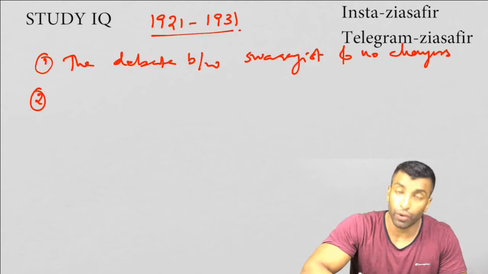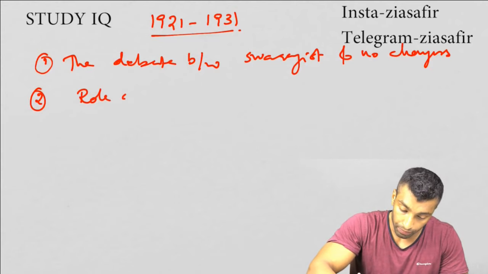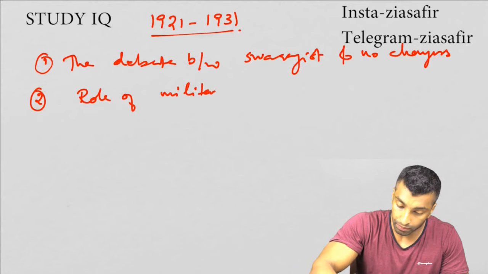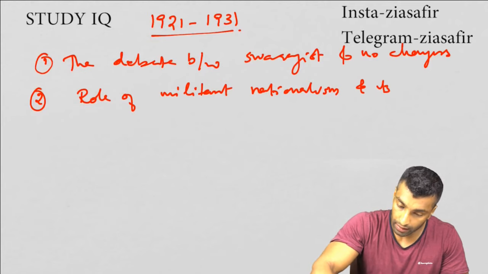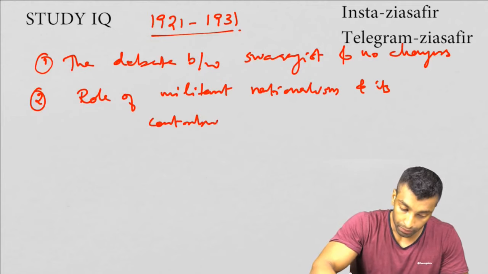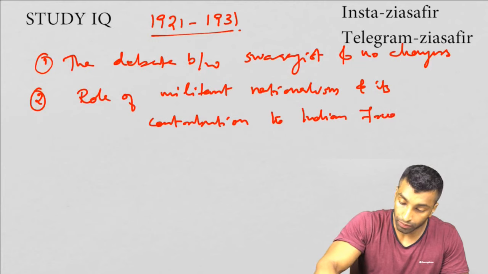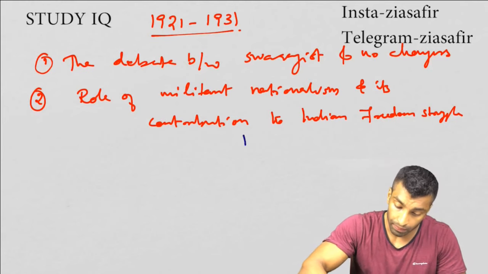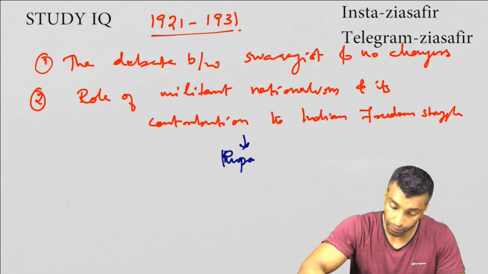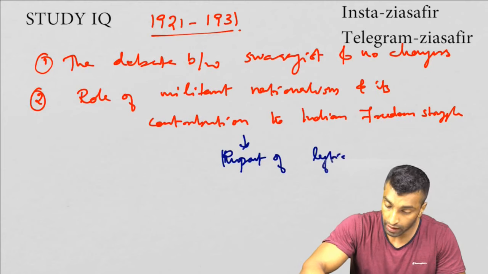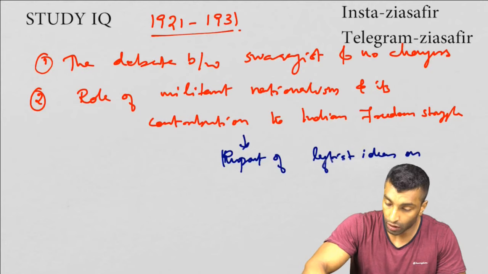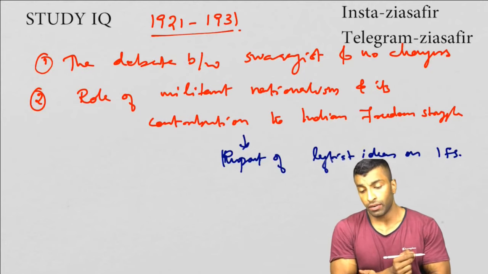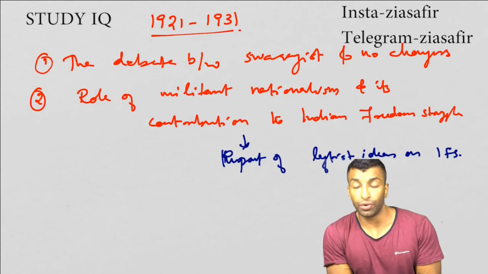The second question that we are going to address is the role of militant nationalism and its contribution to the Indian freedom struggle, or it can also be asked as the role or impact of leftist ideas on the Indian freedom struggle. Now, see the second question, that is, the role of militant nationalism and its contribution to the Indian freedom struggle.